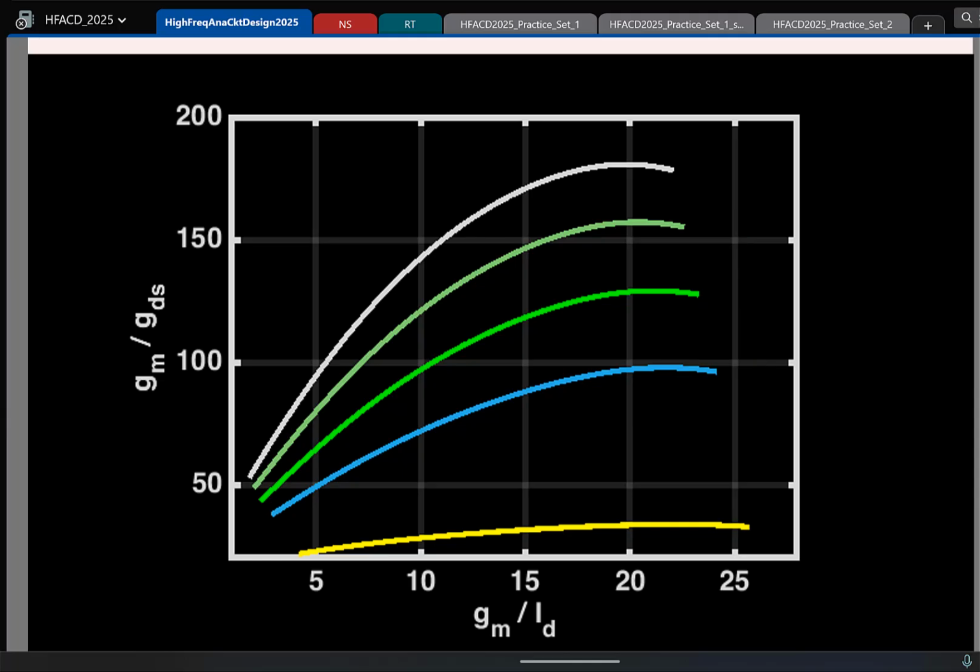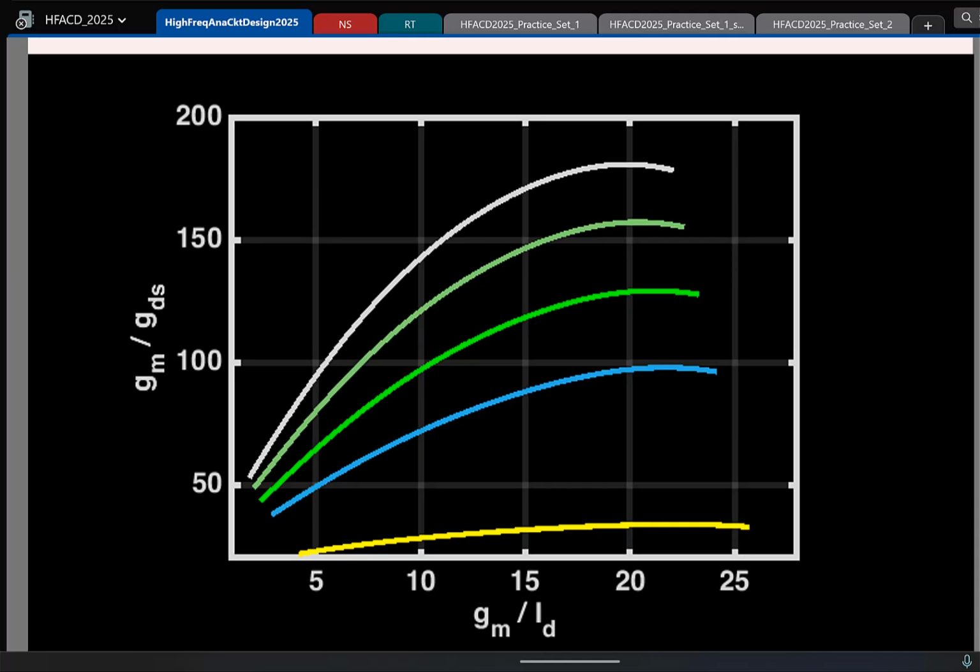So here, can you tell me which is the smaller length? As you increase length, should the gain increase or decrease? If I increase the length, does R naught of the transistor increase or reduce? It should increase. Okay. So which means this is the way in which the length is increasing.